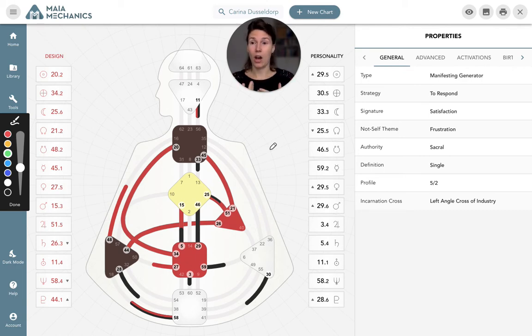And it can cause burnout, or it can cause fatigue, and it can cause the degeneration of the energy instead of generation of the energy. And it can cause a lot of frustration, which is the not self theme. And I've mentioned the not self a little bit earlier.